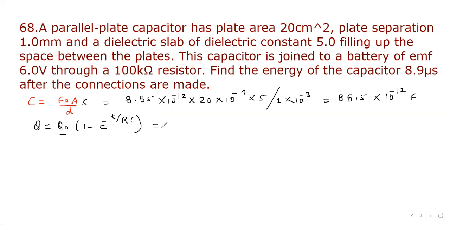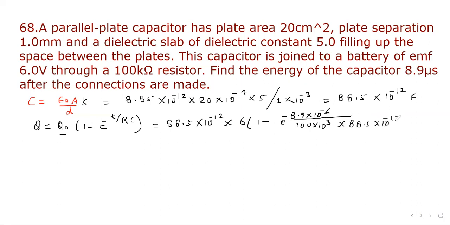Q0 is CV, so that is 88.5 into 10 to the power minus 12 into voltage applied, 6 volt, times 1 minus e to the power minus t, where t is 8.9 into 10 to the power minus 6 divided by RC. So R is 100 kilo ohm, 100 into 10 to the power 3, into capacitance, we have just found 88.5 into 10 to the power minus 12.